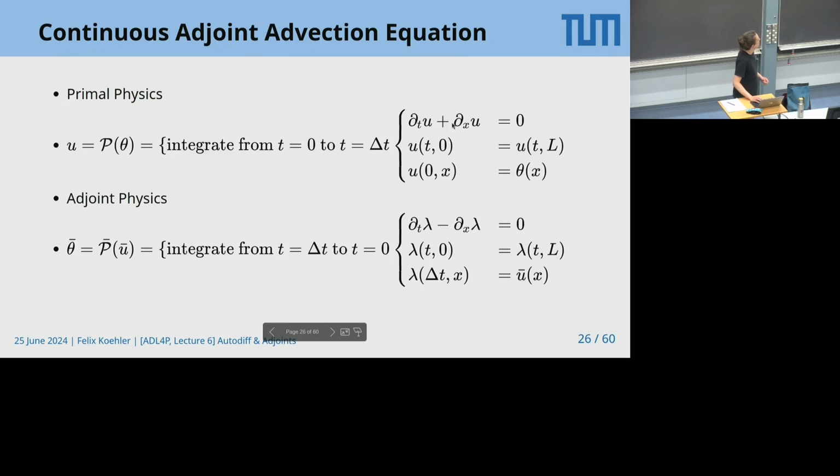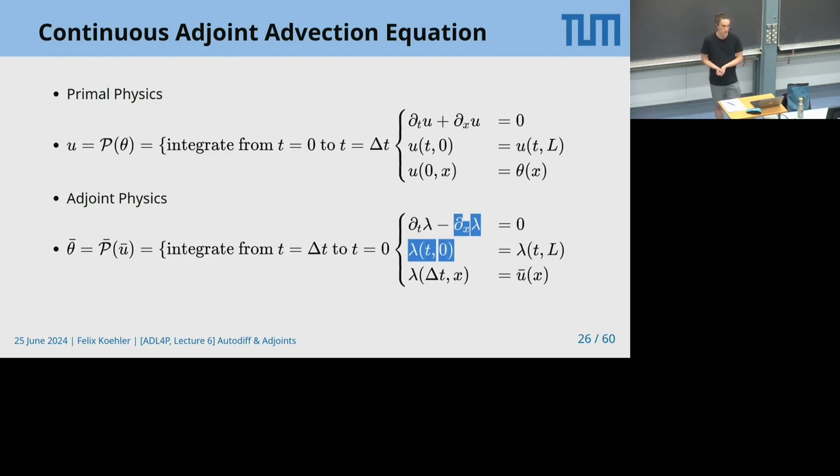You see that the equation has a sign flip. In case you're familiar with the advection equation, the coefficient in front of the spatial derivative gives you the advection speed. For instance, if there was a 2, then our solution would be moving twice as fast. If we use a negative sign, it's going in the opposite direction. This is just to give you a little taste of what these adjoint physics look like. My experience is that they are quite hard to derive, especially for realistic PDEs like the Navier-Stokes equation.